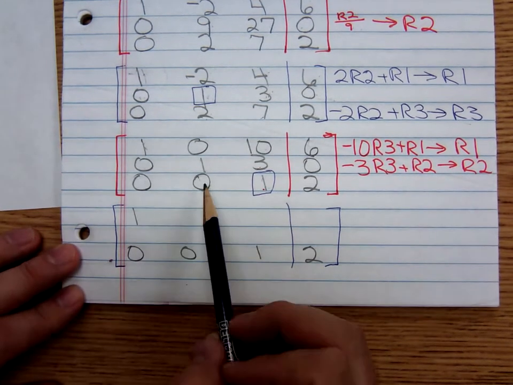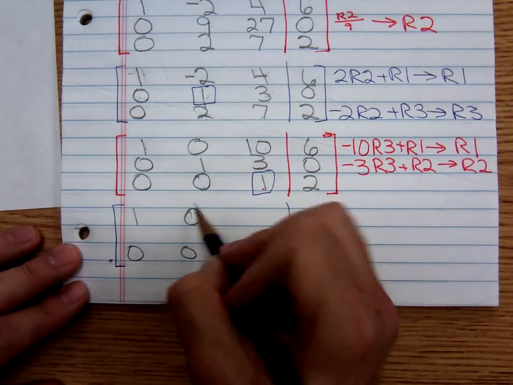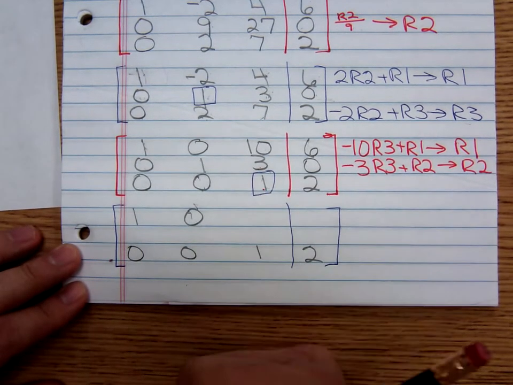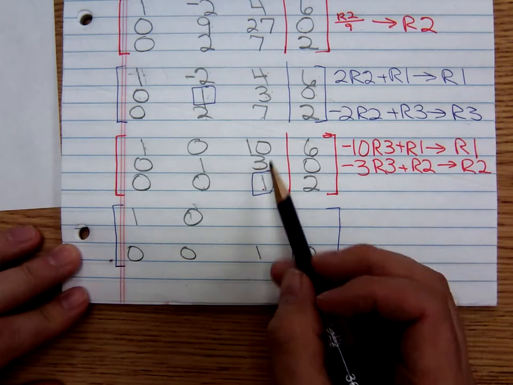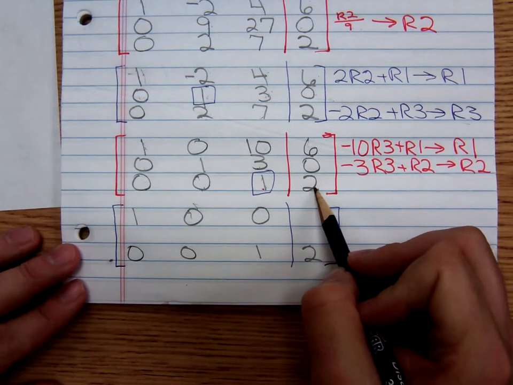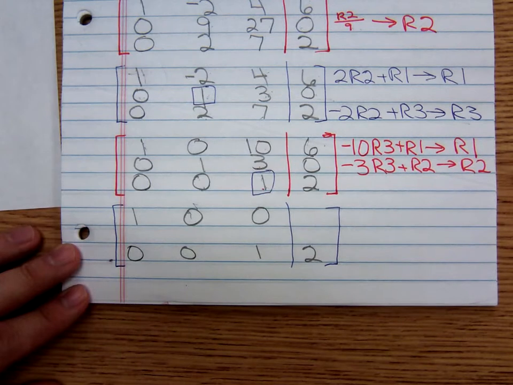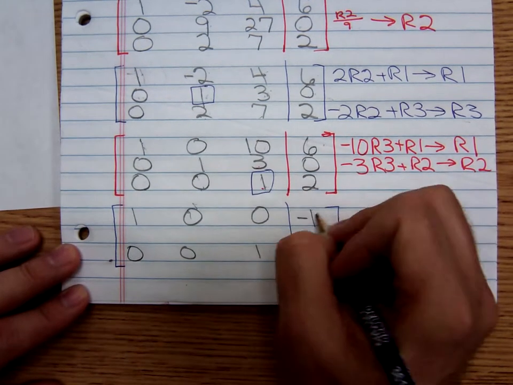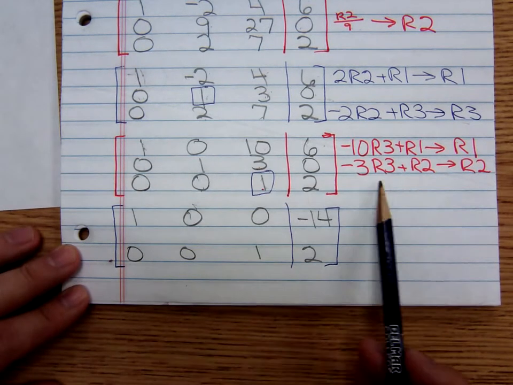Multiply by negative 10 and add it. 0. Multiply by negative 10 and add it. I think we're going to get another 0. Multiply by negative 10. That gives us a negative 20. Add it to give me, I agree, negative 14. Now go through multiplying row 3 by negative 3.